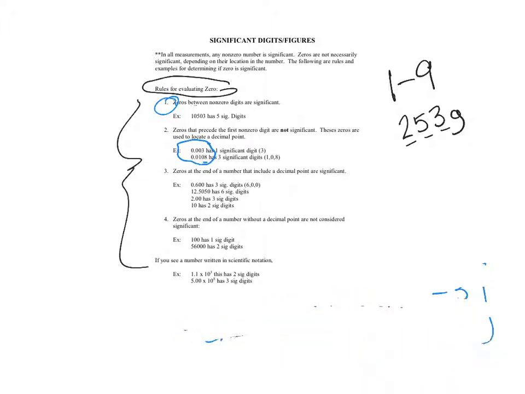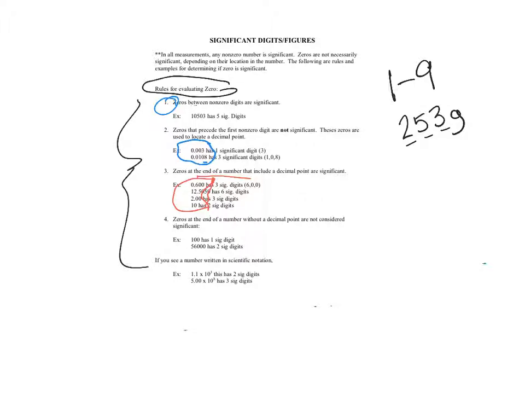Let's erase this. Rule number 3 is that zeros at the end of the number, if that number includes a decimal point, are significant. So zeros at the end, you can see a whole bunch of examples here, and whoops, I didn't circle quite the whole thing, but the numbers at the end.